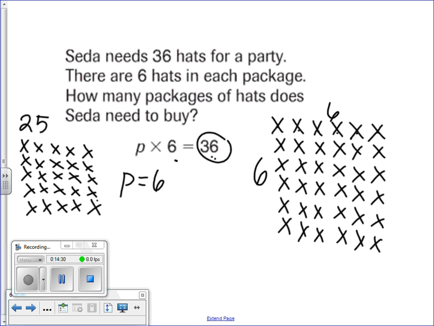Not 42. Close. If you're doing the 7s, 7, 14, 21, 28, 35, 42, 49. Very good. 49 is another perfect square. Who can name another one? Let's see if we can name them all.